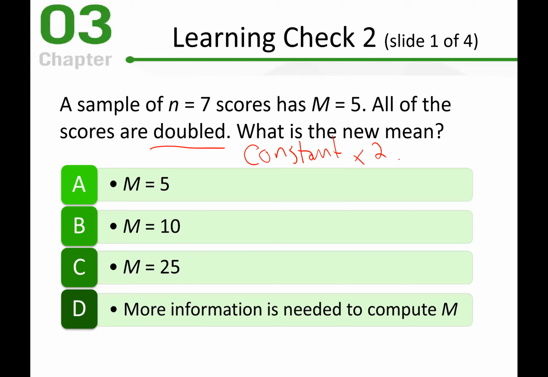That if you apply a constant to all the scores, then the mean is going to change by that same constant. So if all the scores are doubled, then the mean is also doubled. 5 times 2 would give us 10. So the answer would be 10.